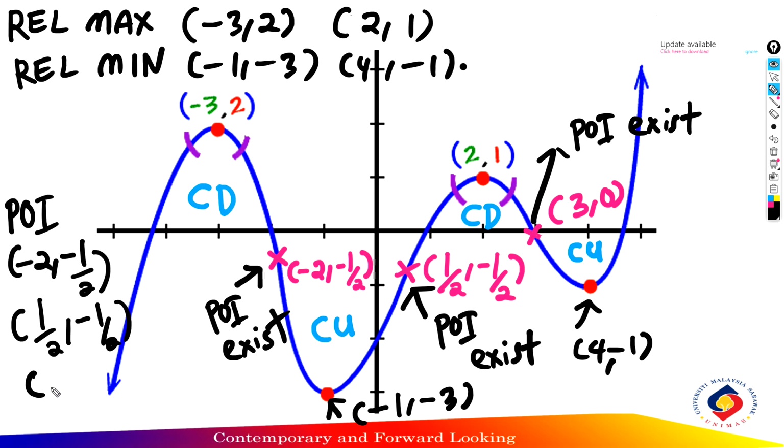So for this graph: 2 relative maximum points, relative minimum points at (-1, -3) and (4, -1), and 3 inflection points. Okay, question B, your exercise.